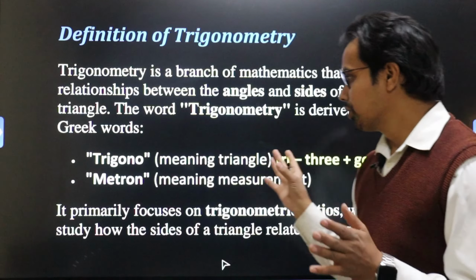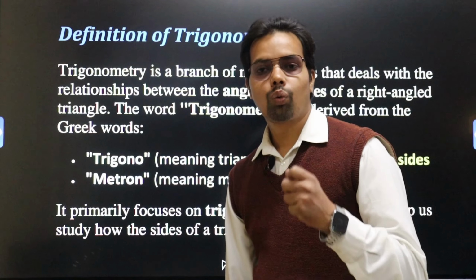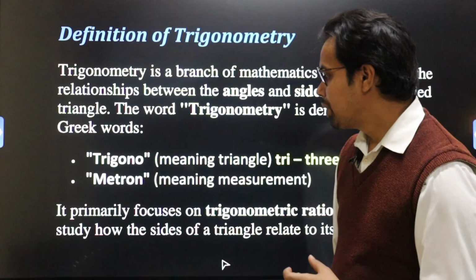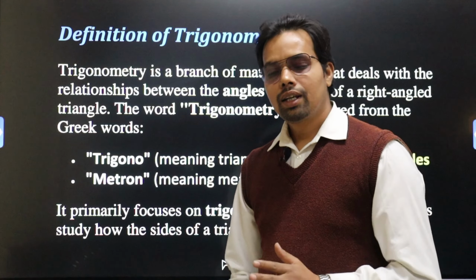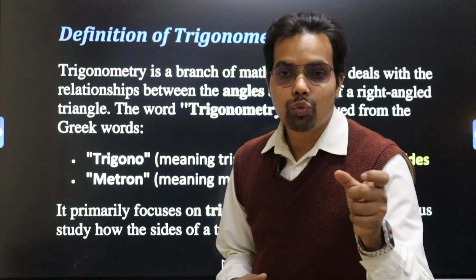Understood? So let's move. Trigonometry is derived from Greek words. What was the Greek word? It is basically divided into two parts. In some books you can see that it is divided into 3 Greek words also.